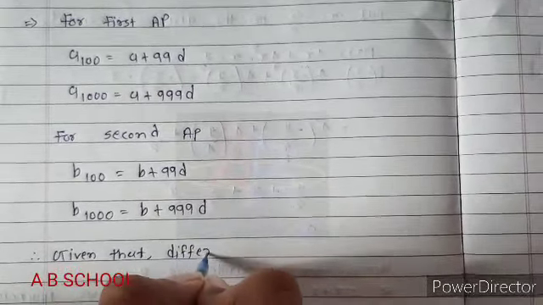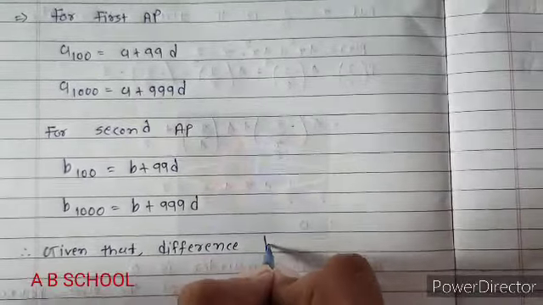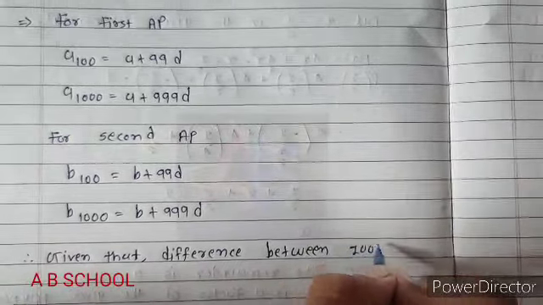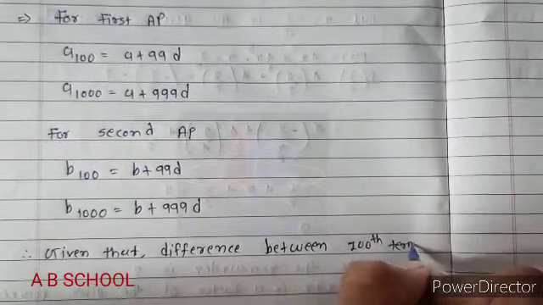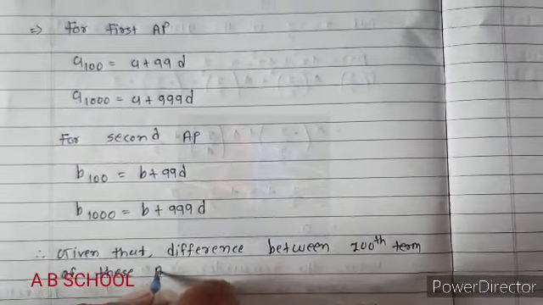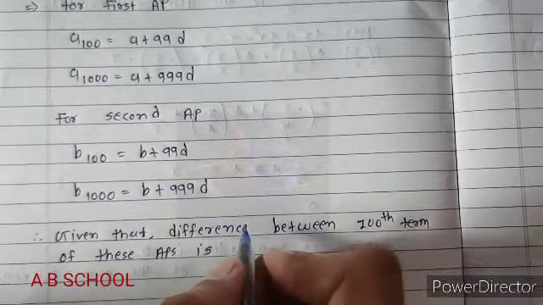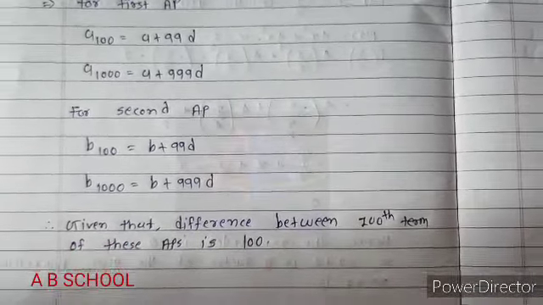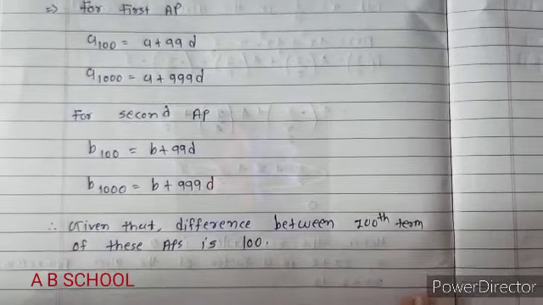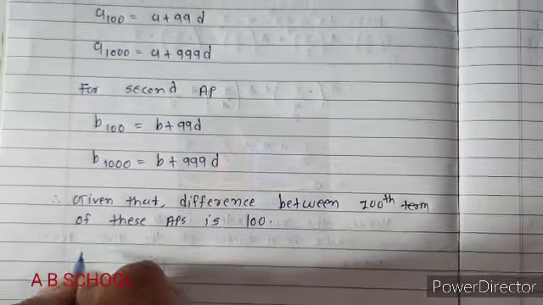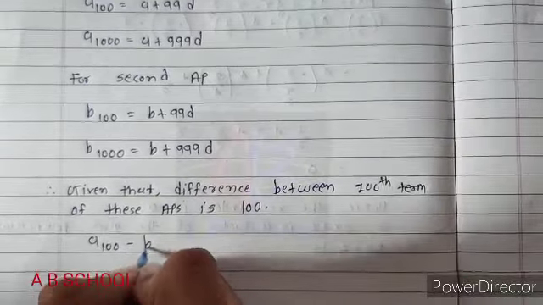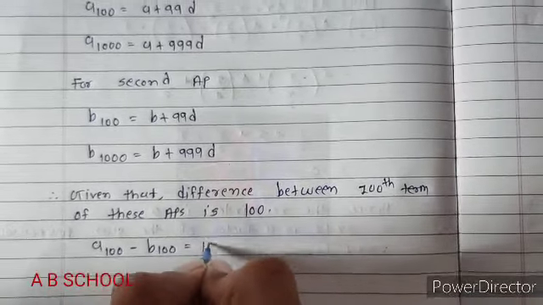Now given that the difference between the hundredth terms of these APs is 100. So A100 minus B100 is equal to 100.